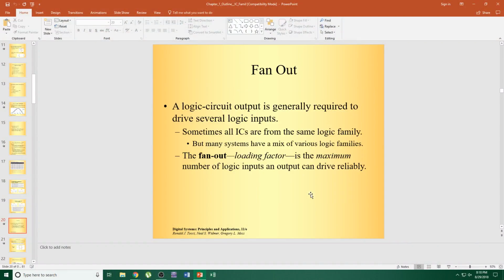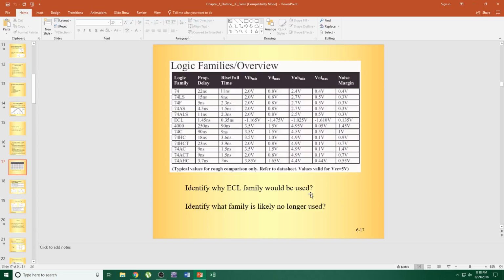So if we were to go back and look here, we see that for the 74 series, the propagation delay is 22 nanoseconds, while something like the 4000 series is 2500 nanoseconds.